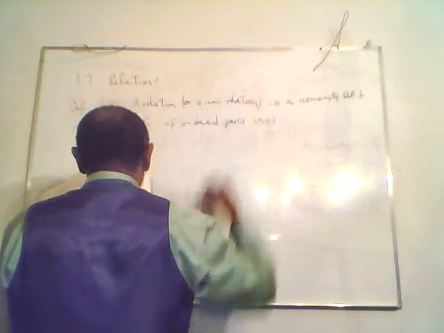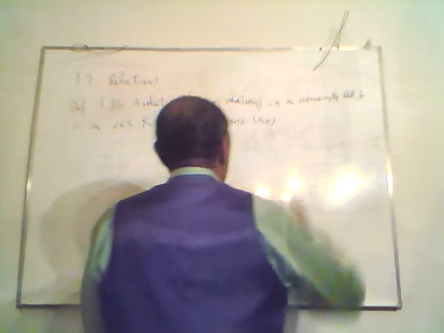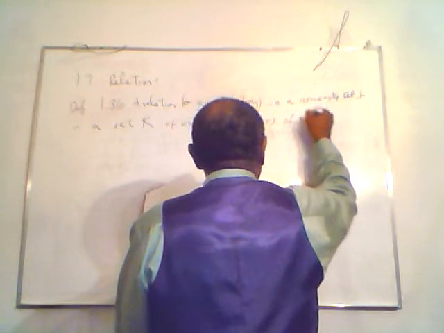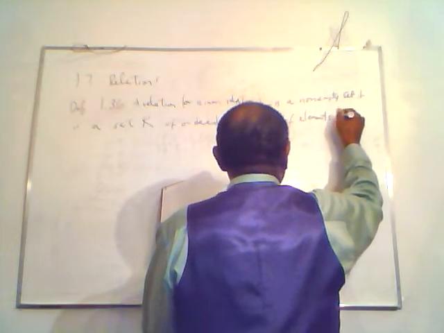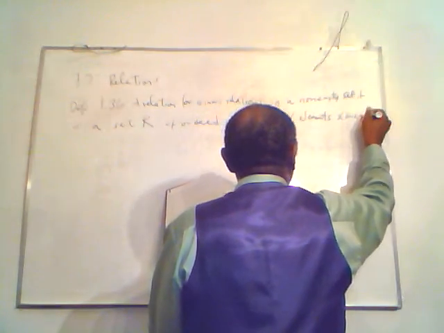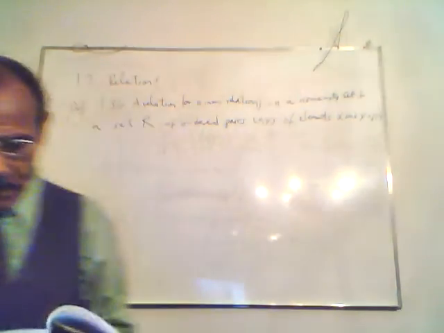So that's your old definition of a relation, a set of ordered pairs, any set of ordered pairs of elements x and y. That's what we have for our definition there.